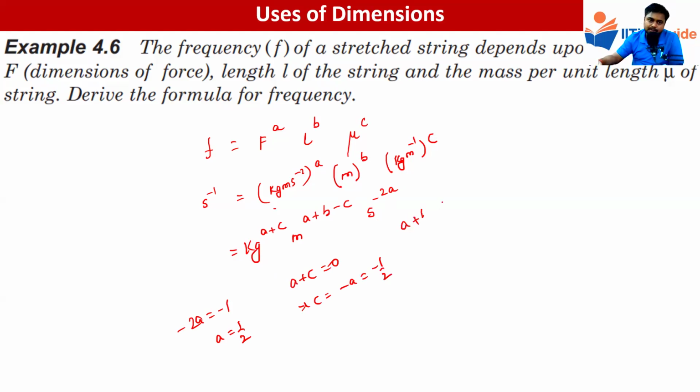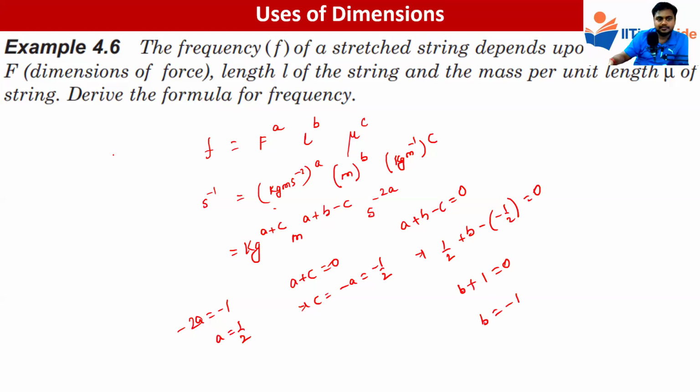And A plus B minus C also should be 0. So half plus B minus minus half is equal to 0. B plus 1 is equal to 0, so B is equal to minus 1. Therefore this becomes root F, L to the power minus 1, mu to the power minus half.